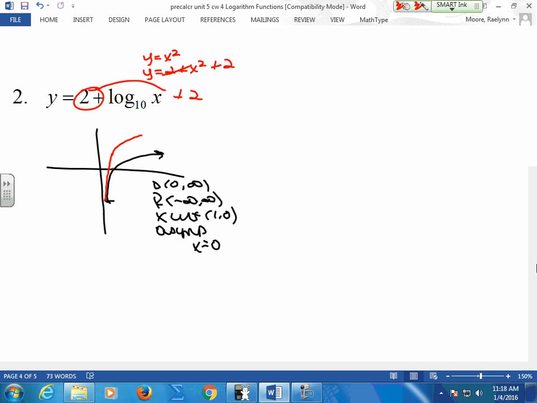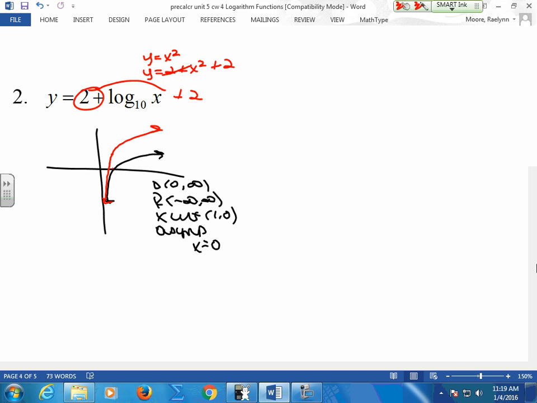And I'm doing the same thing here. Did I change my domain on this? Nope. Did I change my range on this? Nope. My range was all real numbers. So this is the opposite effect as my other one. So I didn't change any of these guys. I just moved everybody up 2. What I did change was my x-intercept.